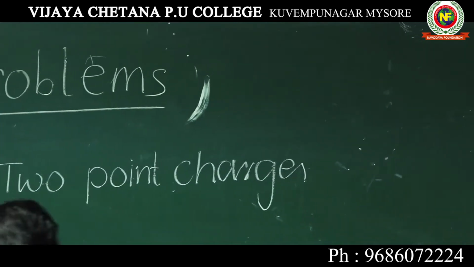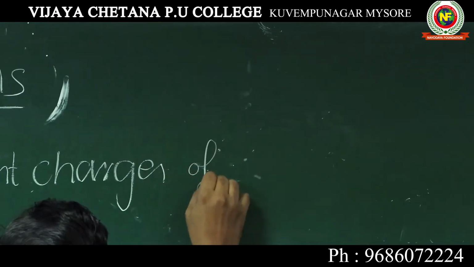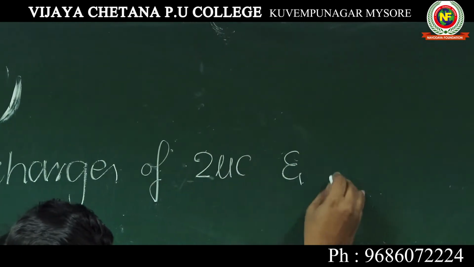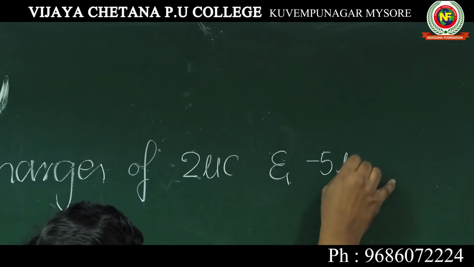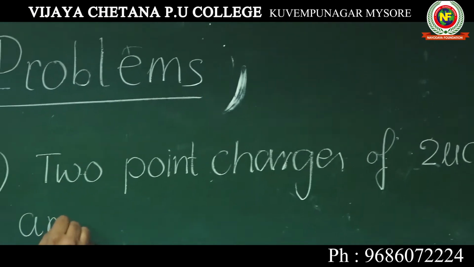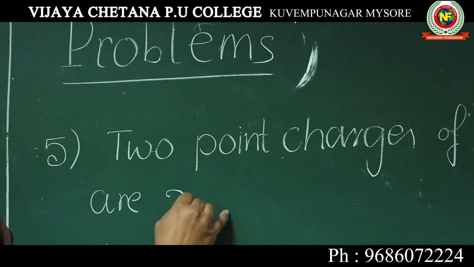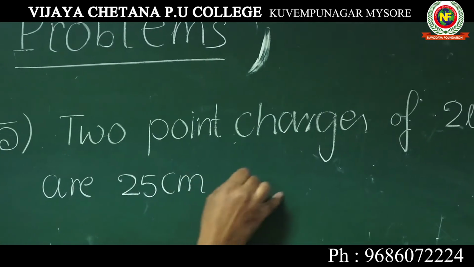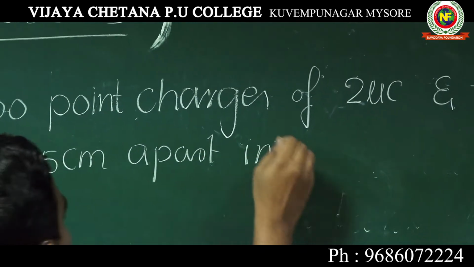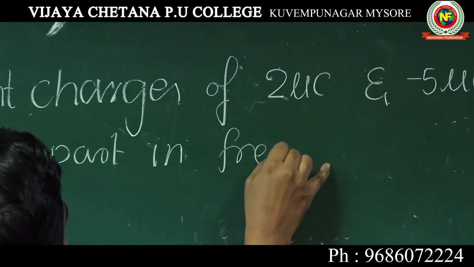Two point charges of 2 microcoulomb and minus 5 microcoulomb are 25 centimeters apart in free space.